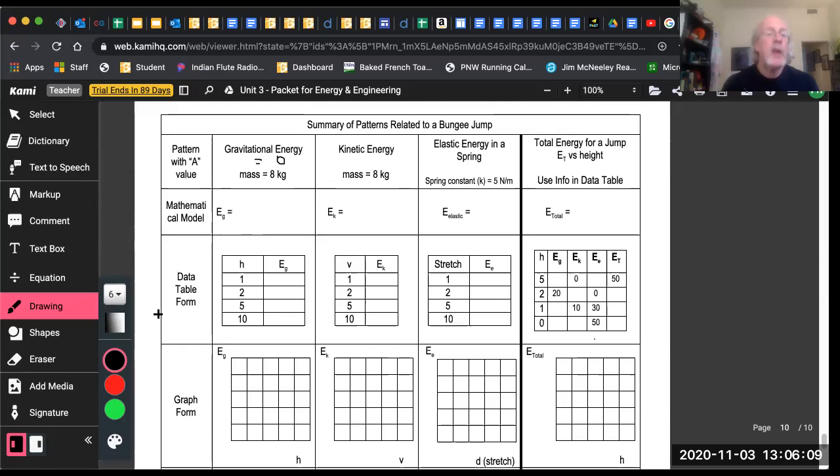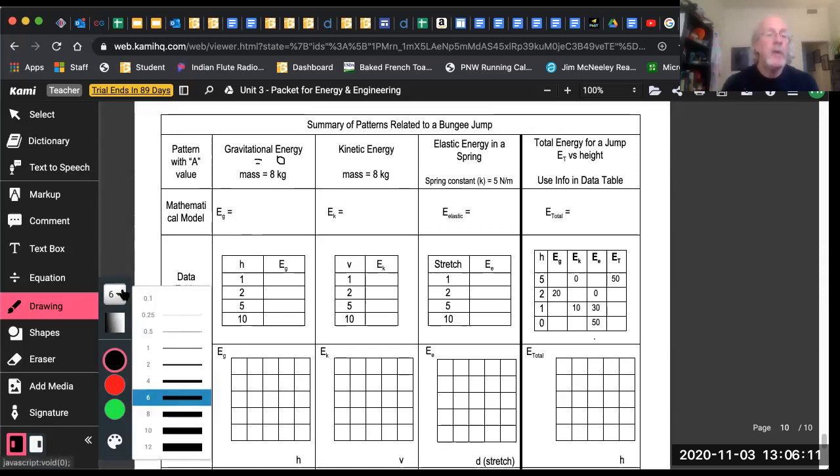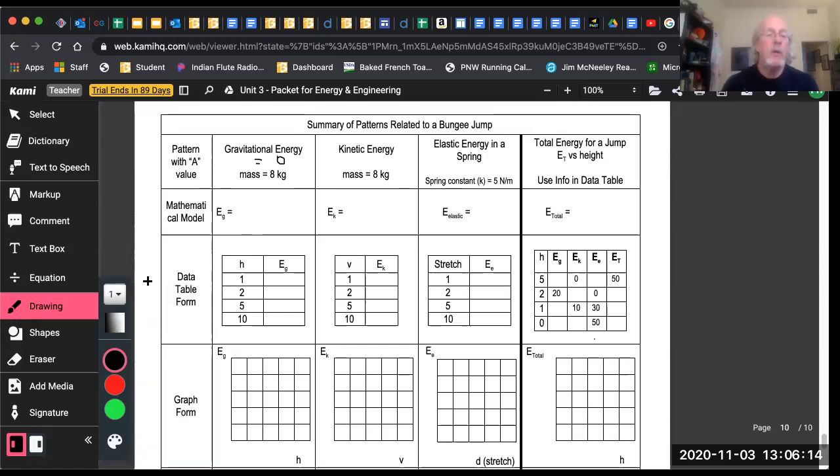So on page 10, what we want to do is begin to fill out our form here for our pattern. In this case, gravitational potential energy, our equation is mgh, mass times gravitation times height, and g is always equal to 10.